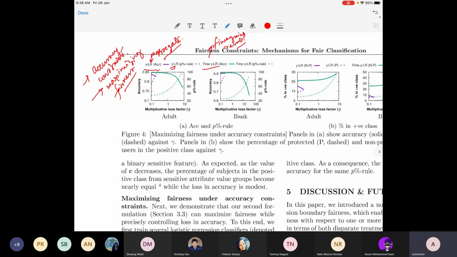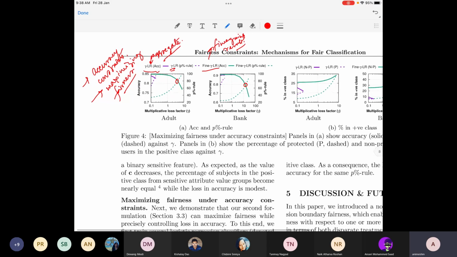Okay, so in all cases, what you see is that there is a nice handshake of the accuracy and the multiplicative loss factor, at which you can obtain a good amount of, say, P% rule.